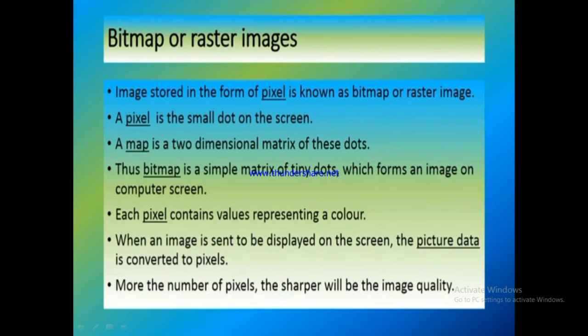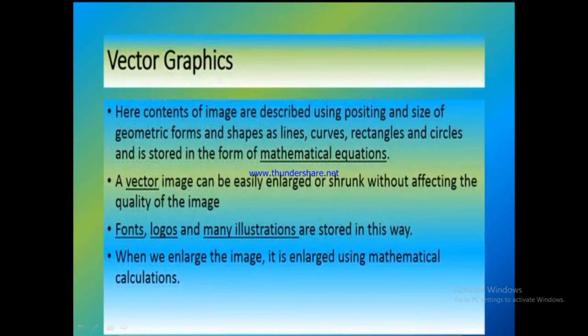Second one is .gif. The file with the extension .gif is graphical interchange format type. Description: common for web graphics with small images and images with text. Use a limited number of colors.